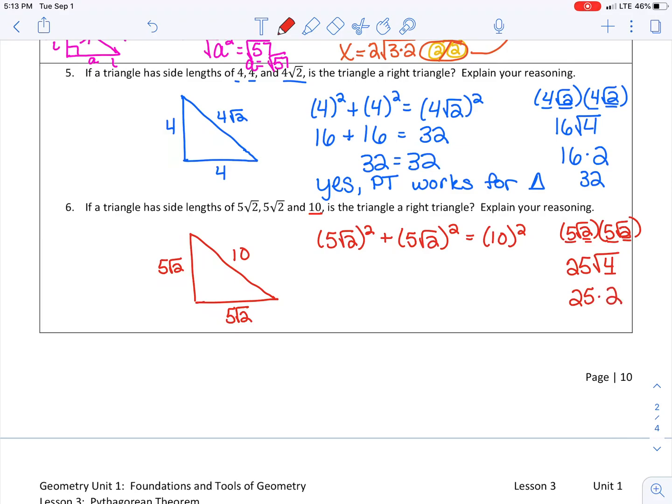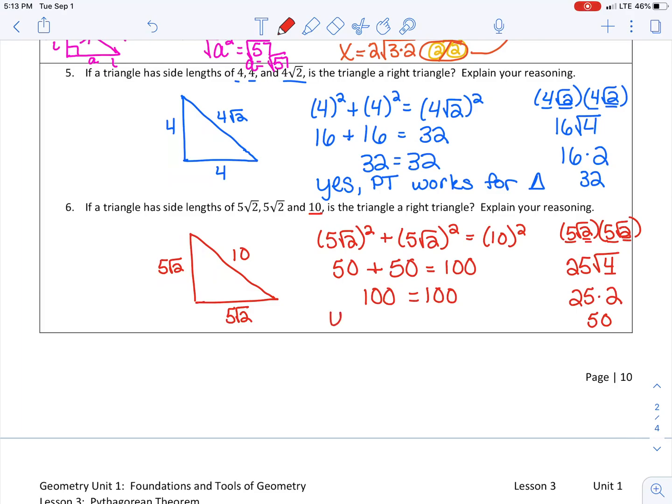So 25 times 2 gives us 50. So we have 50 here. We don't have to show all that work again because we have the 5 root 2 squared again. So that's just going to be 50 as well. And then 10 squared is 100. So if we add these 50s together, we get 100 is equal to 100.